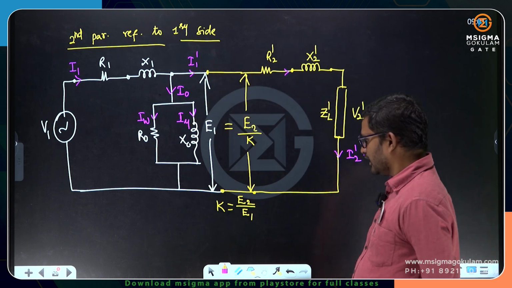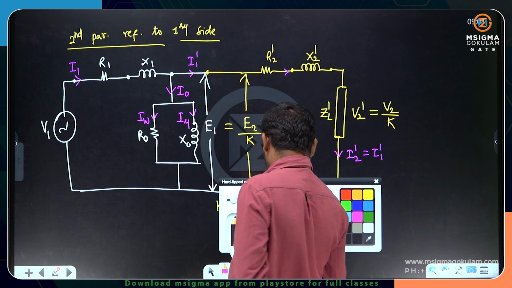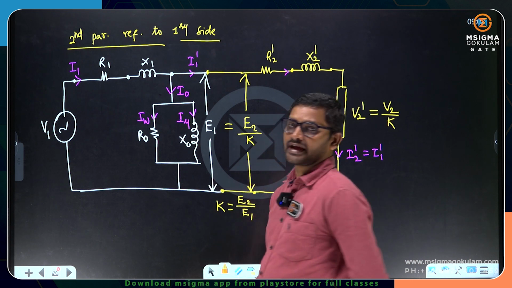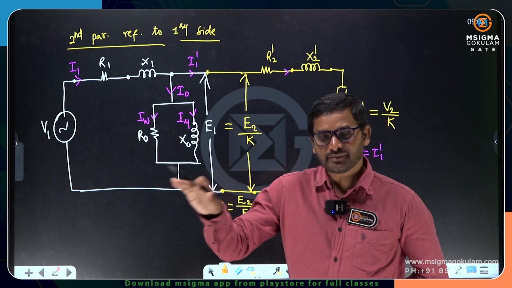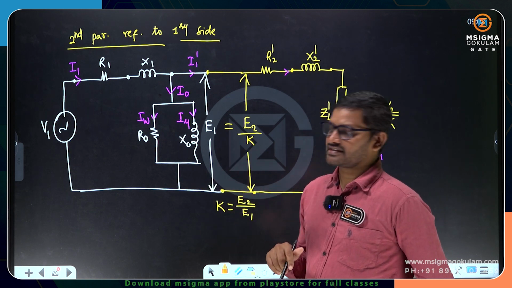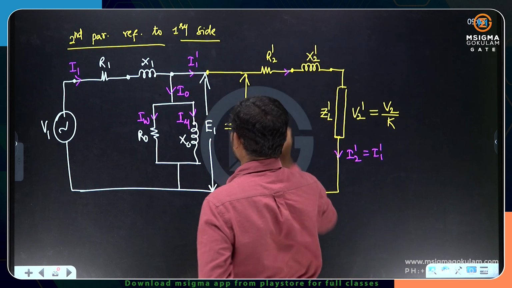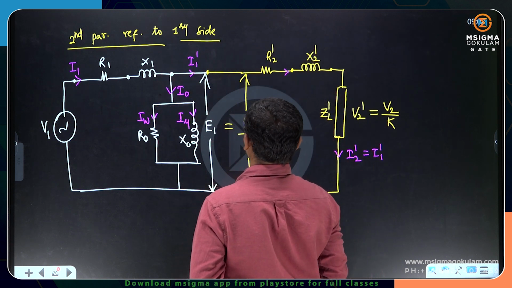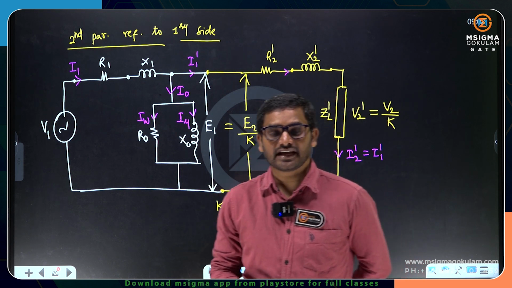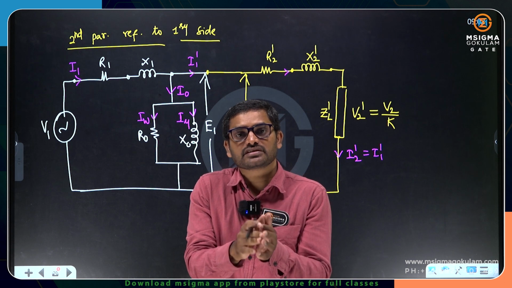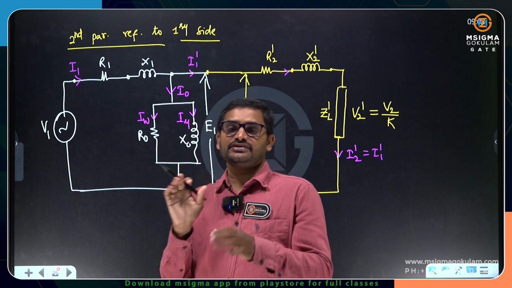Okay. Now, the point is here, what is the condition behind transferring the parameters secondary side to primary side or primary side to secondary side? If you want to transfer resistance to any one side, there must be a condition that copper losses before transfer and copper losses after transfer must be same.